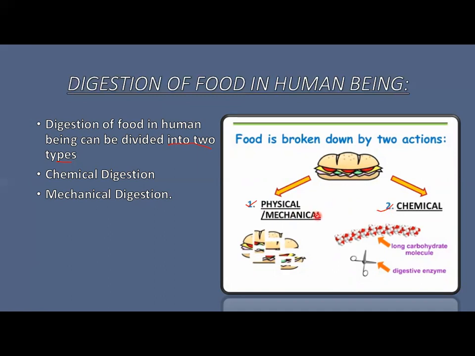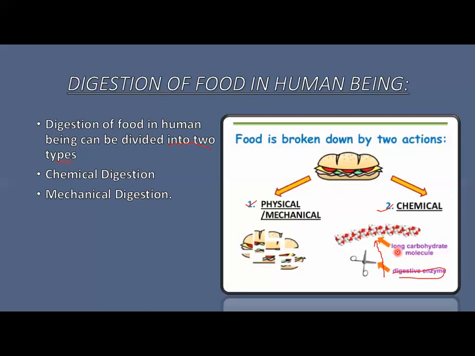In physical and mechanical digestion, we only break down our food without the help of any enzymes or chemicals. And in chemical digestion, digestive enzymes are involved, and these digestive enzymes help us break down large carbohydrate molecules into smaller ones. I'm repeating this again and again: why are we going to break down this long chain of carbohydrates?